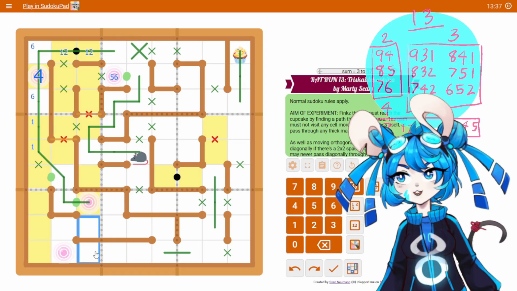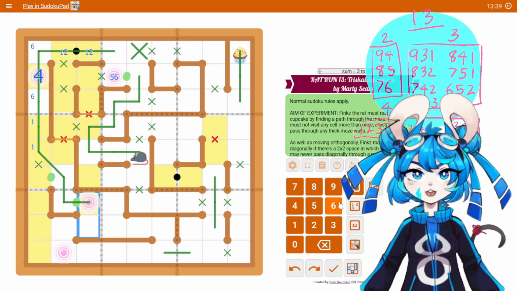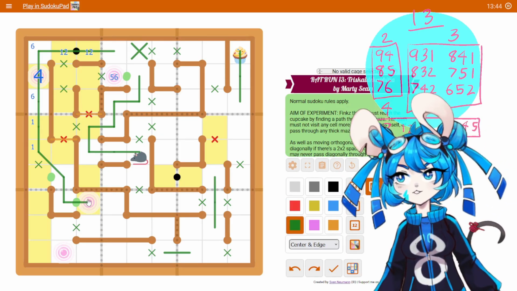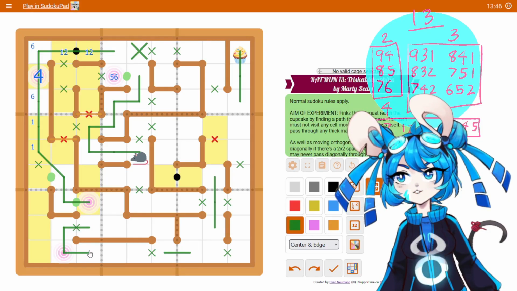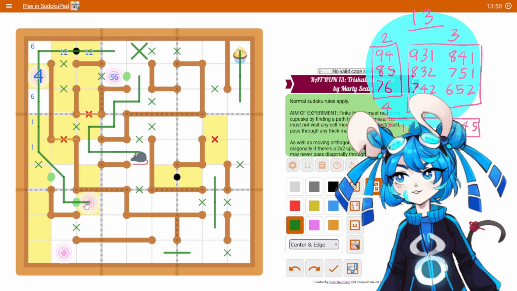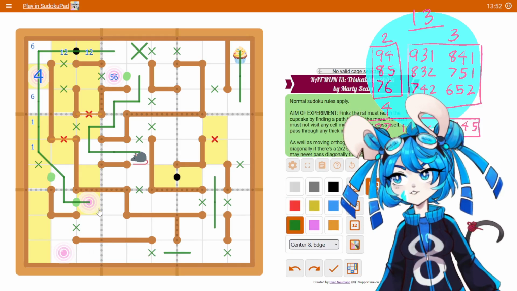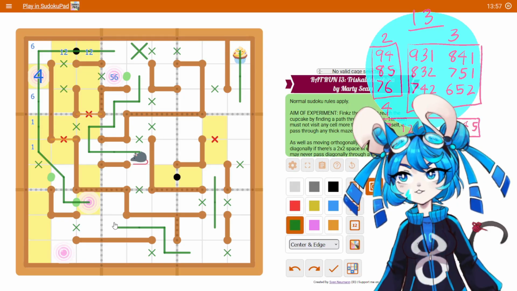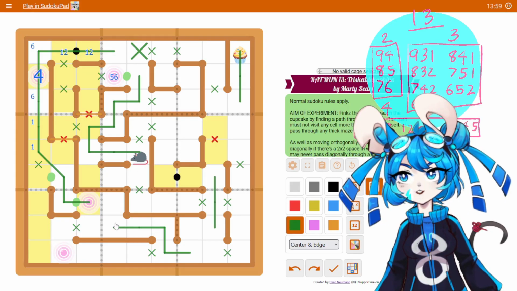There could be at most one cell visited here, so the path cannot go down here because that would necessitate adding 2 more cells and 6 total visited. So the path has to come up this way. And that's what, 4 cells in this box?